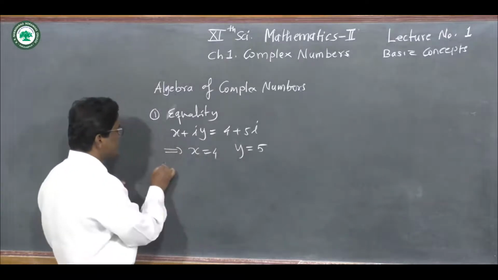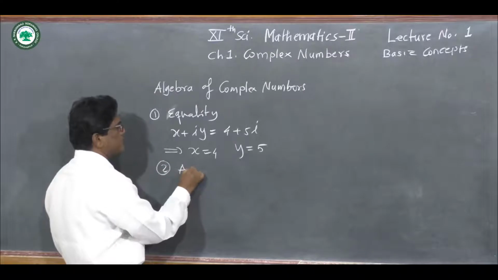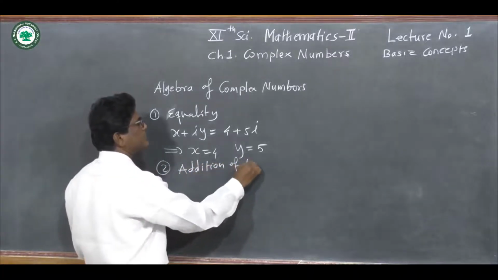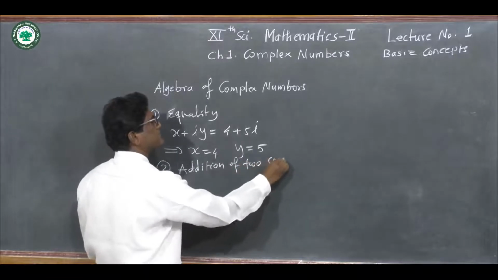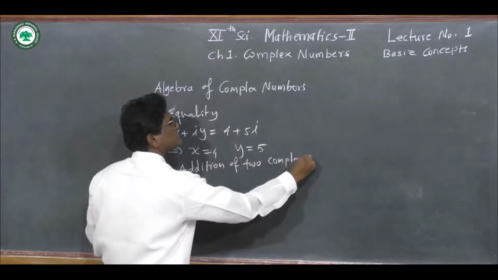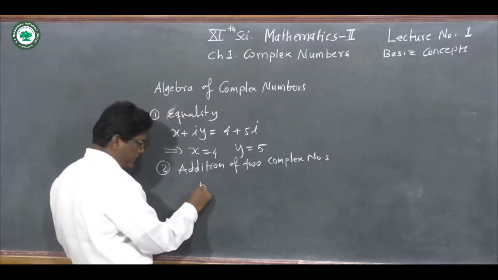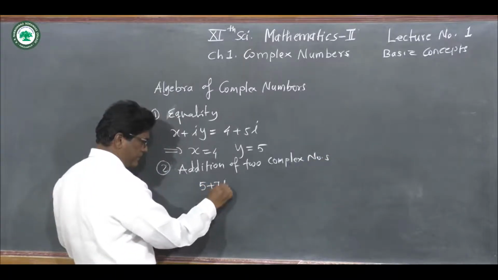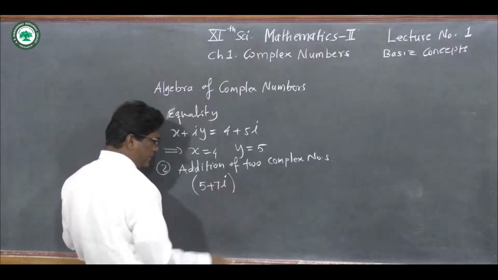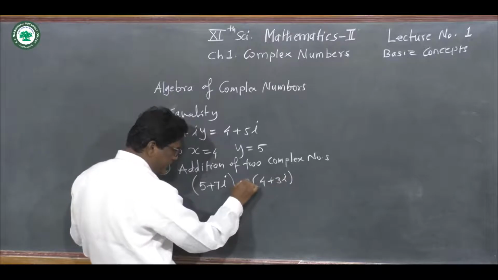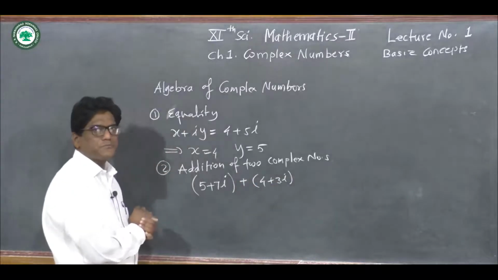Now second, the addition of two complex numbers. Suppose there are two complex numbers, 5 plus 7i, this is one complex number, and another complex number is 4 plus 3i, and we have to take the addition of these two.